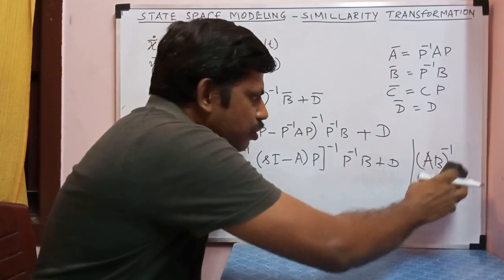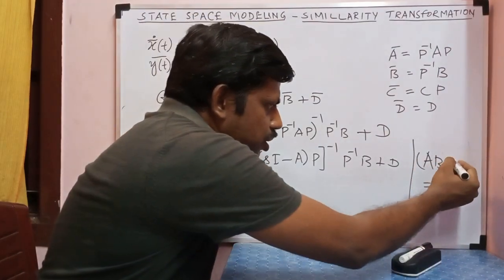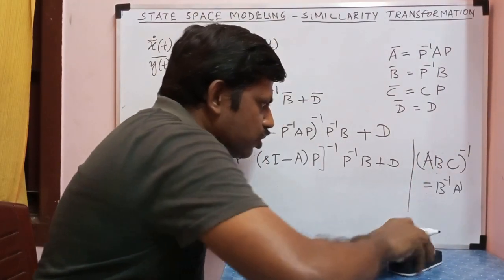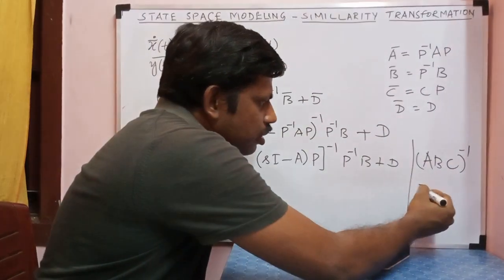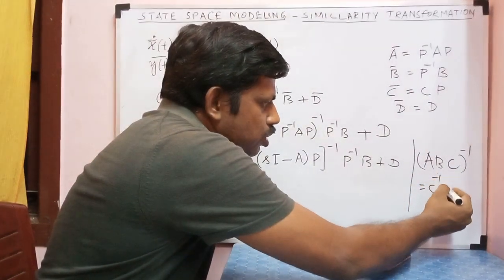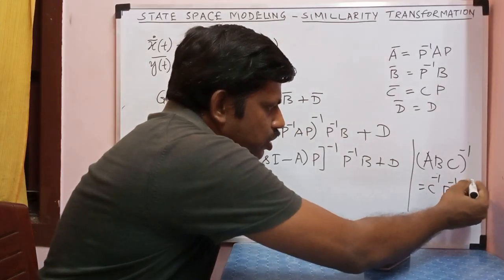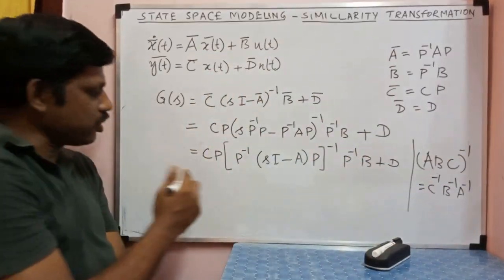Or if I have another matrix also, it should be C inverse B inverse A inverse. That is from the matrix theory.